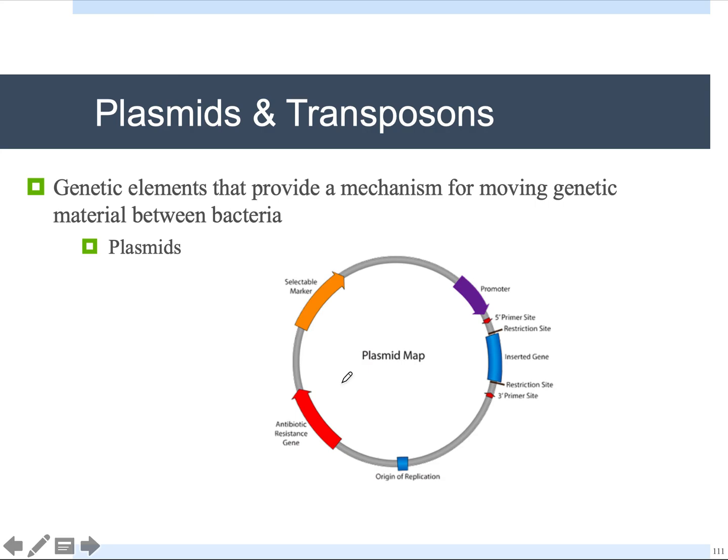I have here for you a plasmid map. For plasmids, you would have a section that makes it selectable, so they are introduced into the cell, and it makes it easier to select them whenever you need to. And then you could also have transposons in plasmids. Transposons are also called jumping genes.